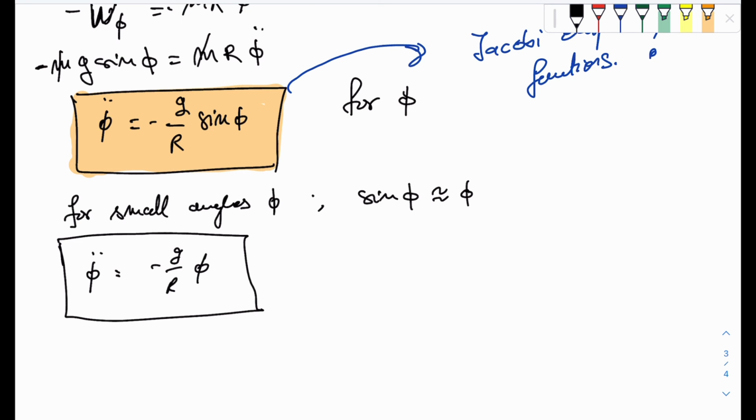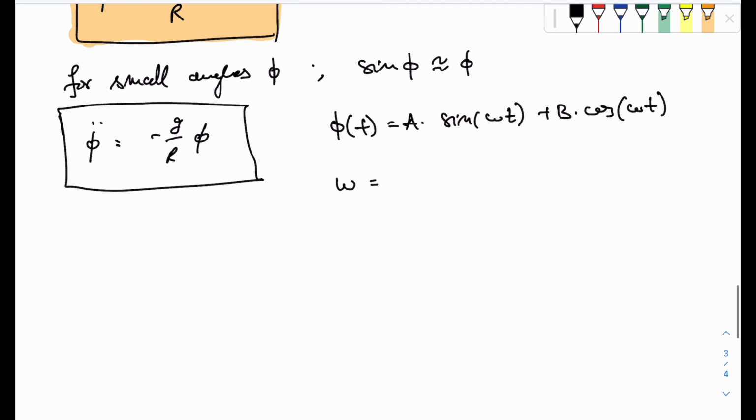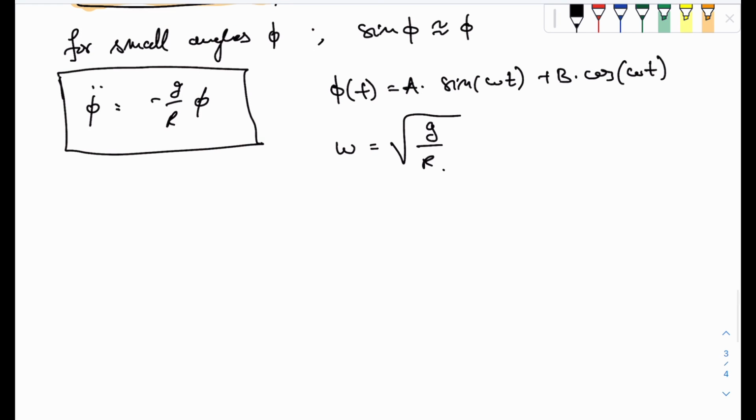You can solve this equation by proposing a function phi of t equals A sine omega t plus B cosine omega t, where omega is the frequency, square root of g over R. From this you can find that the period of oscillations is 2 pi over omega, 2 pi square root of R over g.